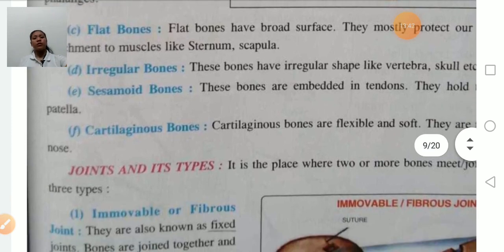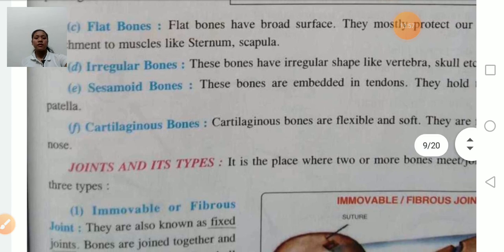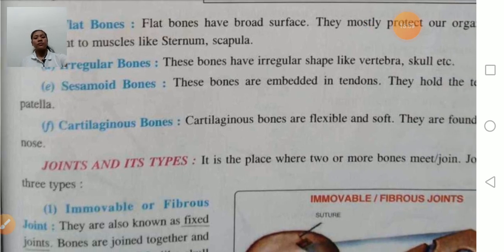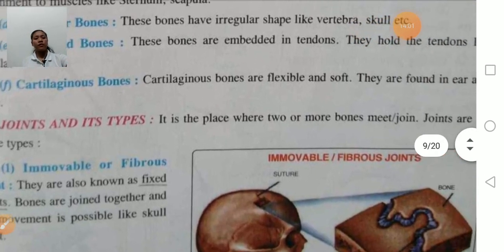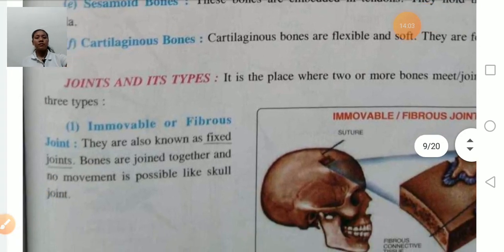And irregular bones, which are irregular in shape, like in the vertebra and skull. Sesamoid bones are those fixed in the tendons. And cartilaginous bones are fixed and soft. They are found in the ear and nose.